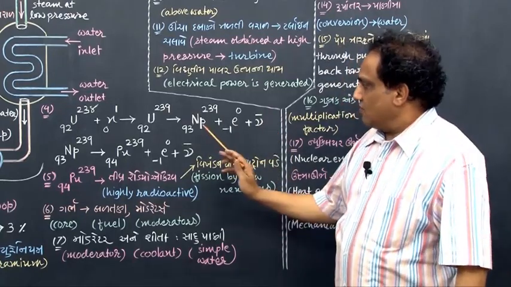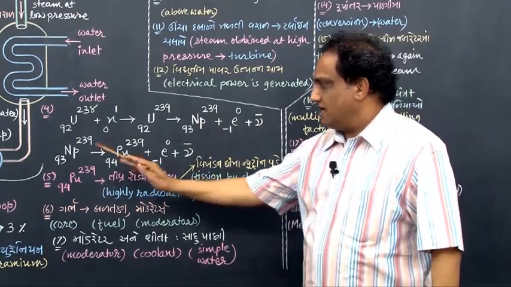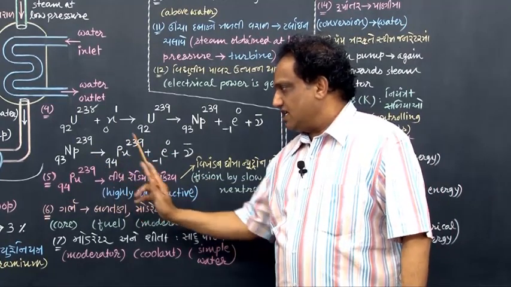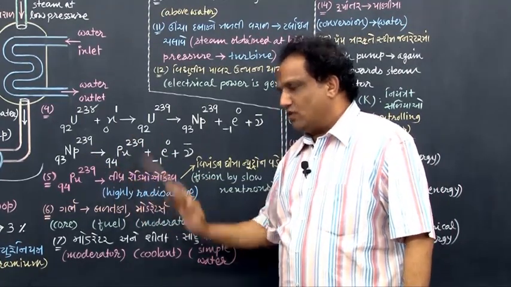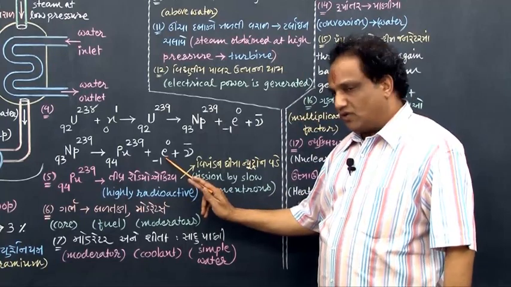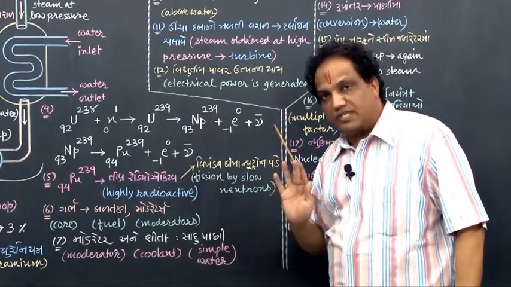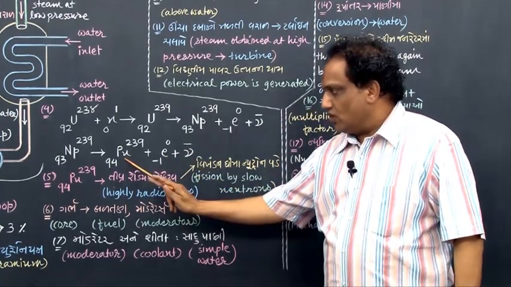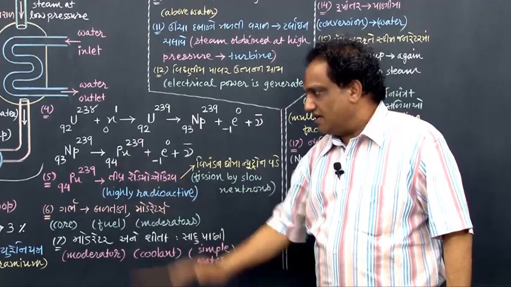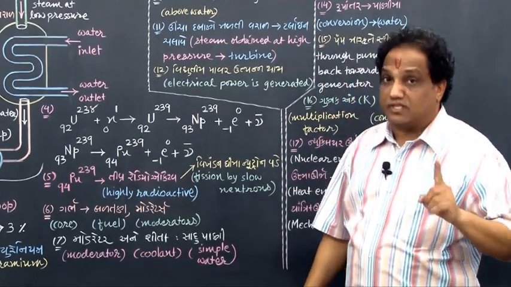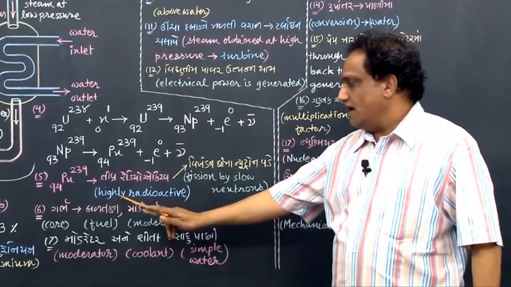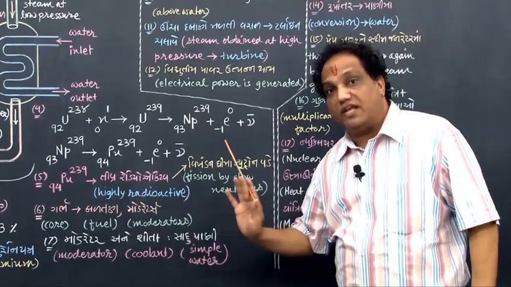Now this 93 neptunium 239 gets transformed into 94 plutonium 239 plus an electron and an anti-neutrino. This 94 plutonium 239 is found to be highly explosive and highly radioactive.